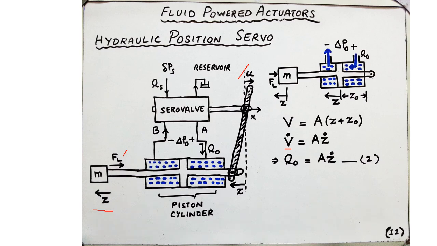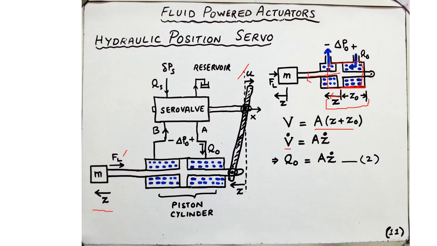If we set the displacement Z naught as defining the position of the lower dead end of the piston, and we say that the piston has further moved leftward by displacement Z, the total volume is going to be the cross-section area times the height of the cylinder, which is Z plus Z naught, the total height of the cylinder that is responsible for pushing this piston leftward.